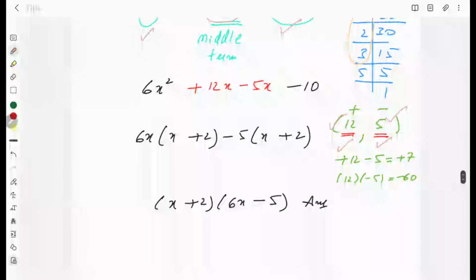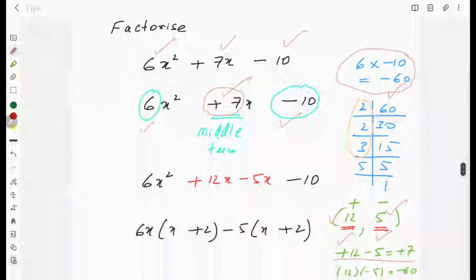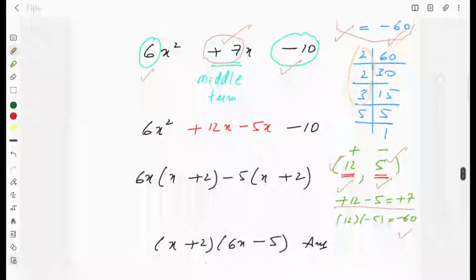The reason is, if you simplify plus 12 and minus 5, you will get plus 7, which is the middle term. You can counter check. If you multiply plus 12 by minus 5, you get minus 60, which is this number. So on multiplication, you have to get minus 60, and on adding and subtracting the two numbers, you have to get plus 7.